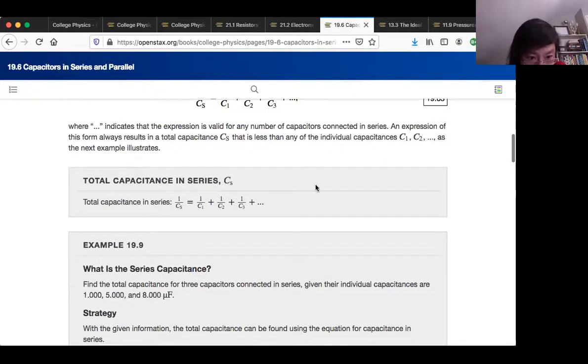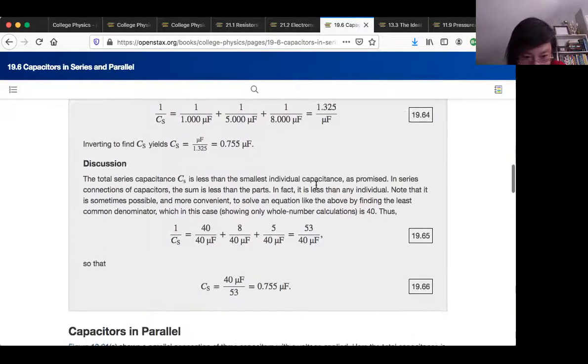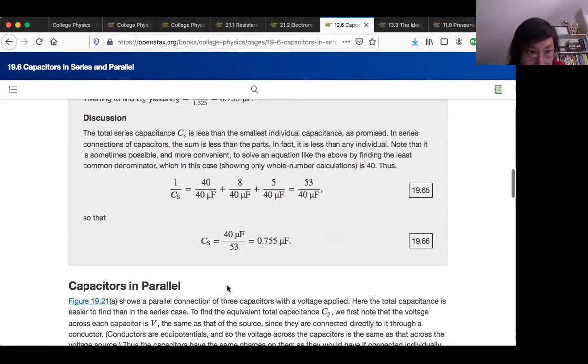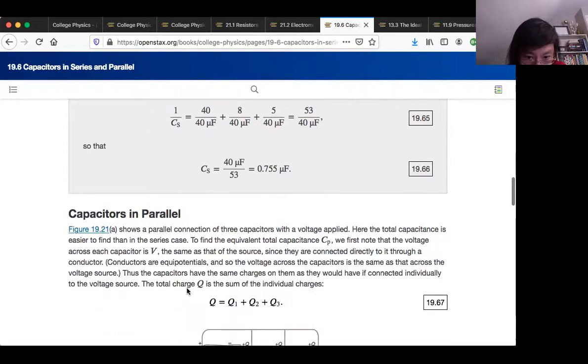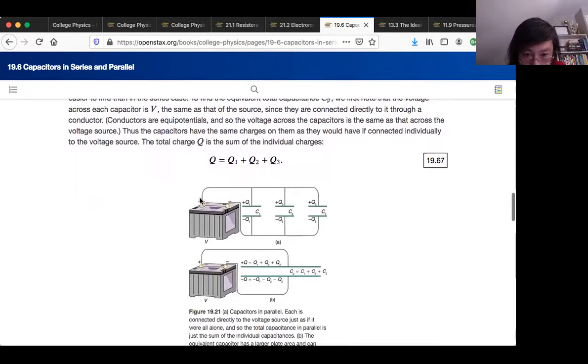There's more. Yes, because you can put capacitors in parallel too, can you not? Yes, you can. And this is again in section 19.6. Notice what happens if you do the capacitors in parallel. Oh, look, the charges are adding now.